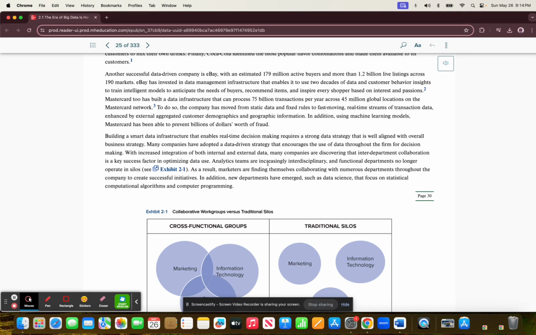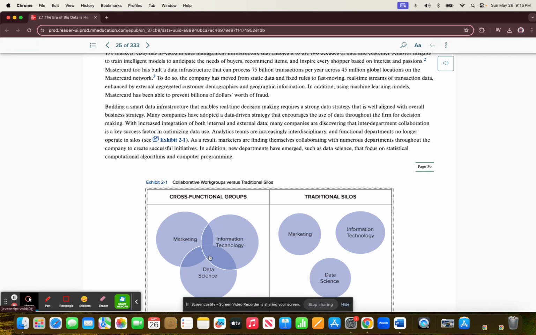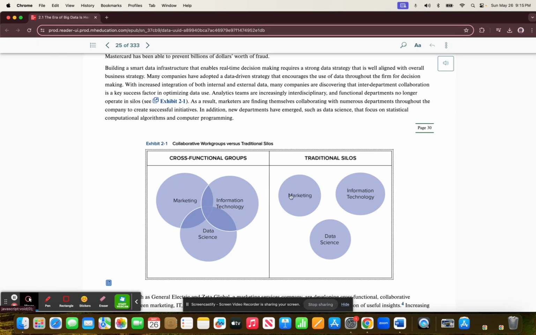Analytics teams are increasingly interdisciplinary. So I mentioned the three disciplines on there. And functional departments no longer operate in silos. We don't just have the marketing department doing its thing, information technology doing its thing, and data science. No, now they're working together, collaborating on many initiatives.